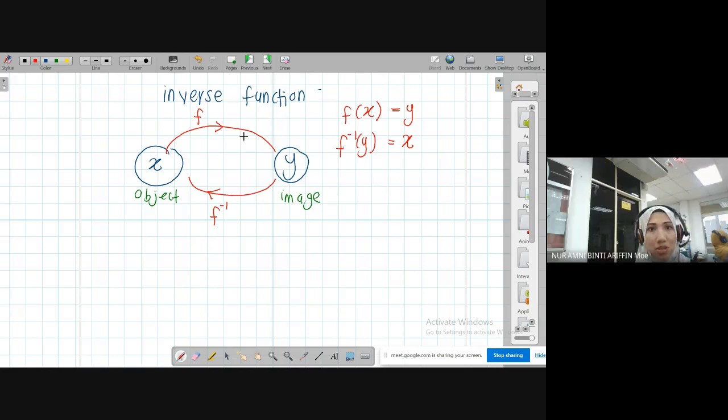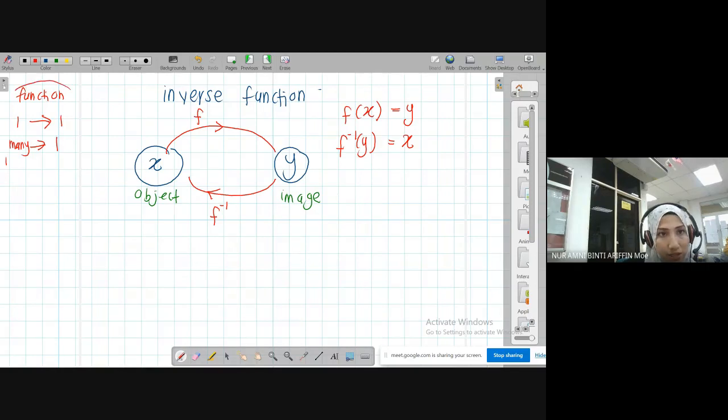Sebab sebelum ni you tahu kan, kalau function, we can have one object, one image, or many objects, you will have one image. Sebelum ni kita belajar macam itulah. One to one, or many to one.